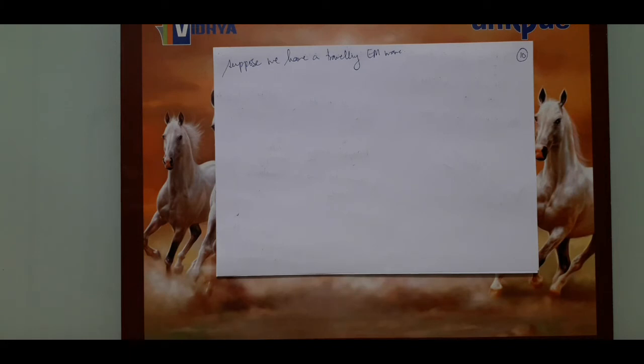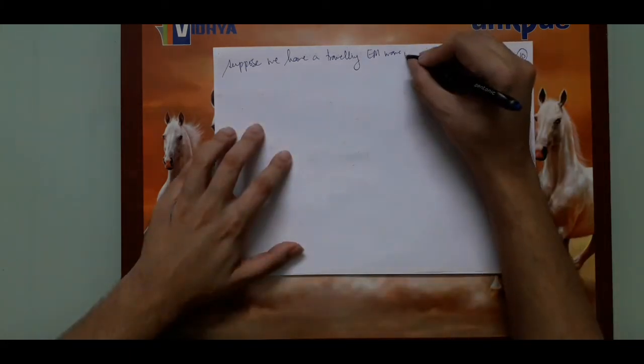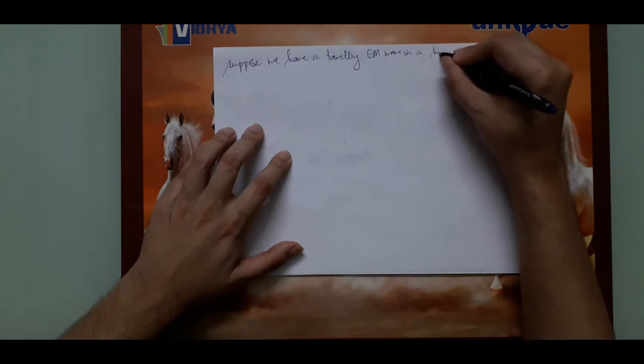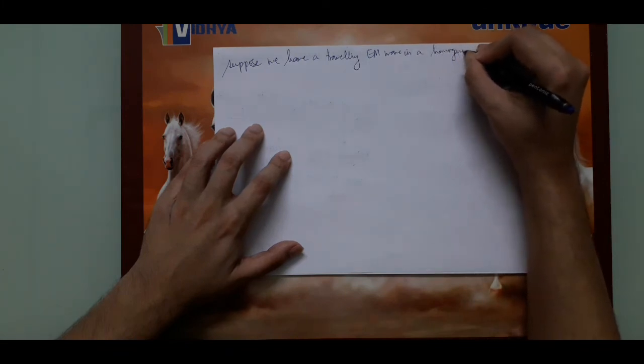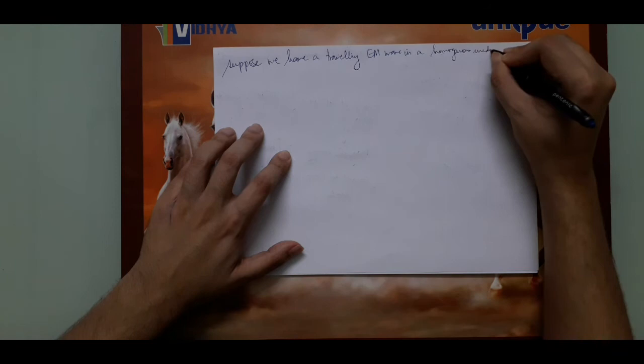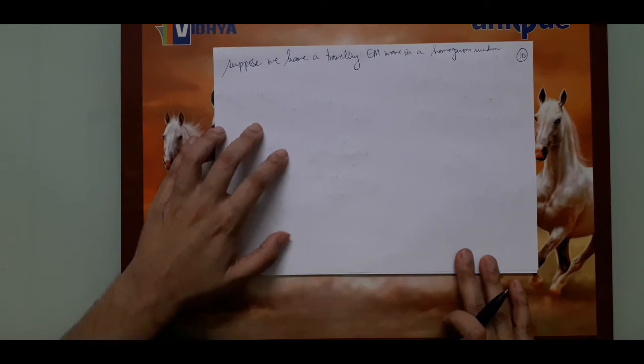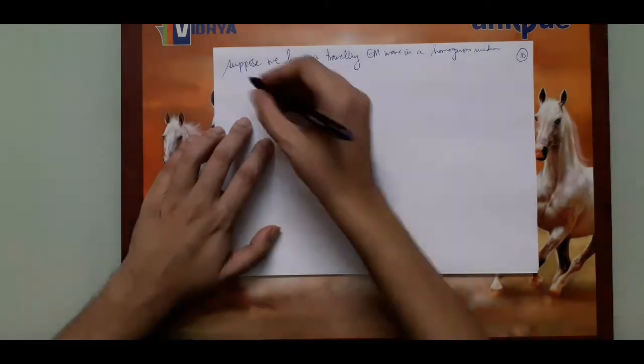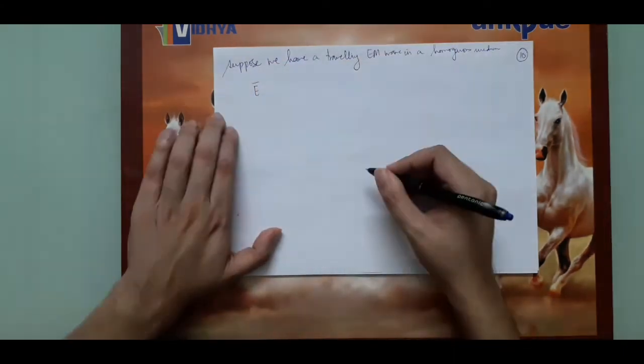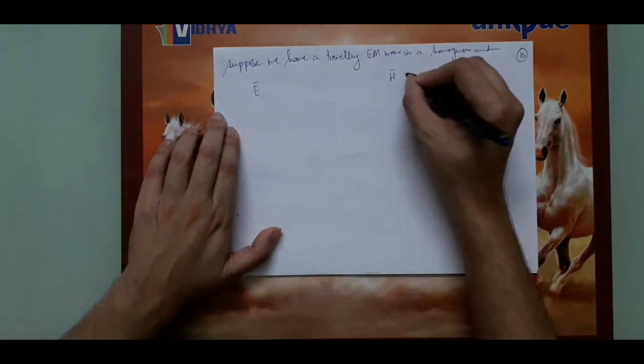Without loss of generality, let us say that it is in a homogeneous medium. The wave has an electric component, let us say E, and a magnetic field component H.